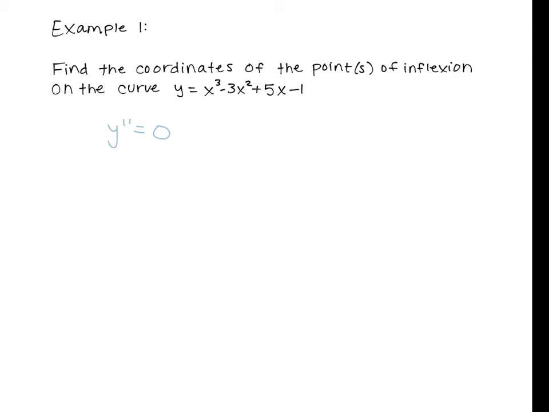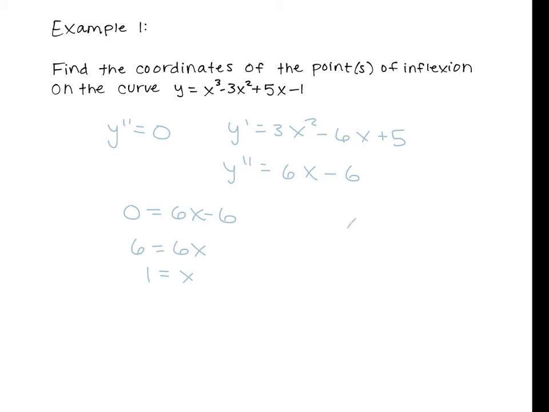So our first derivative of this function is 3x squared minus 6x plus 5. Our second derivative of this function is 6x minus 6. Okay? And so in order to find the coordinates of the point or points of inflection, we're going to take that second derivative and set it equal to 0. And we're going to solve.